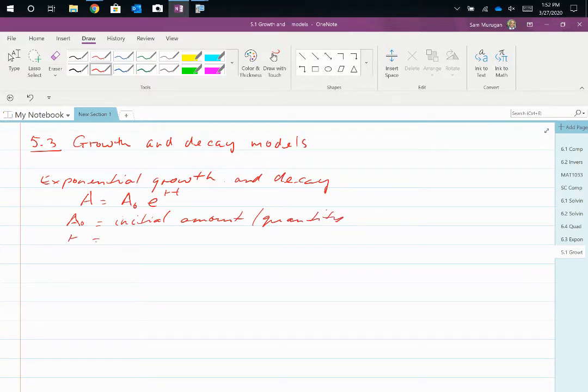R is the rate, and it could be negative or positive depending on if it's decaying. So positive for growth, negative for decay. And T is the time.